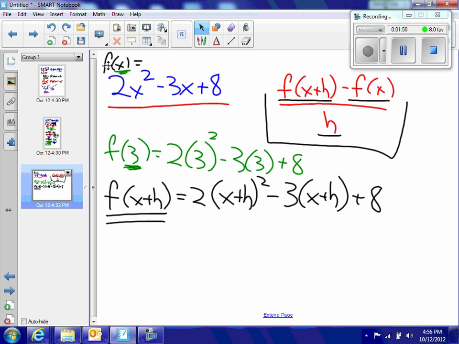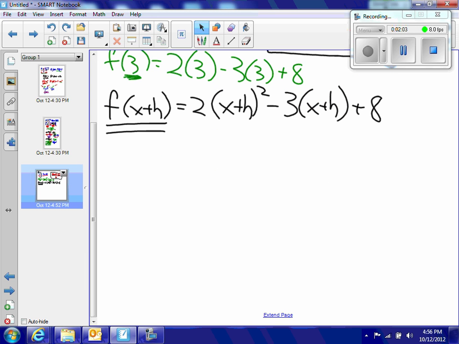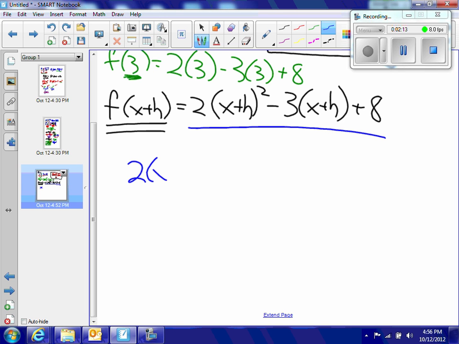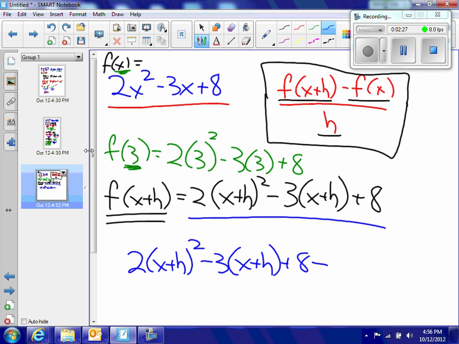Well, I'm looking at my difference quotient, which I would encourage you to write down on a piece of paper on the side so that you can follow along. That's our difference quotient. And what I want is f of x plus h, so I'm going to write that again, which I know is equal to this: 2 times x plus h squared minus 3 times x plus h plus 8, minus f of x. Well, f of x is right here.